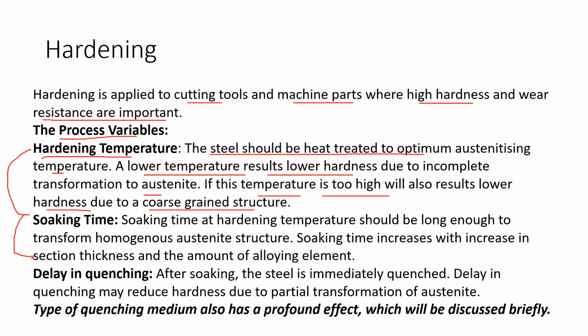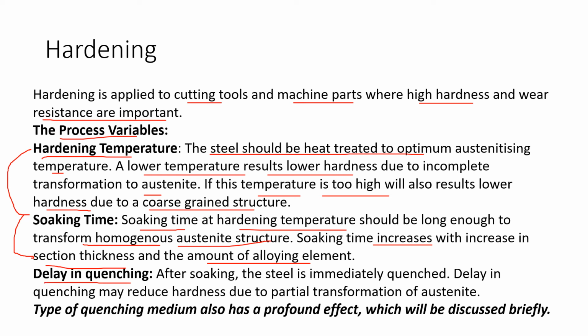Soaking time. Soaking time at hardening temperature should be long enough to form a homogeneous austenite structure. Soaking time increases with increasing section thickness and amount of alloying elements. Delay in quenching.